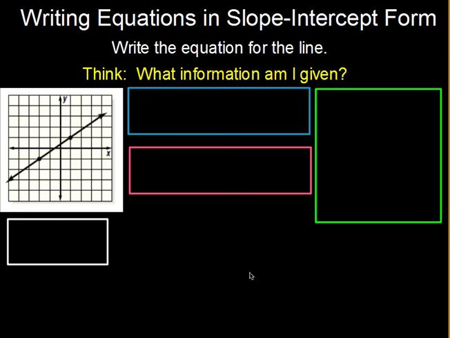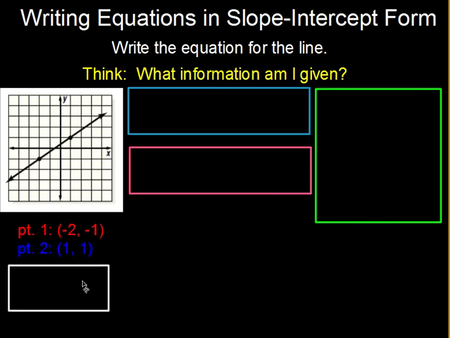Alright, now let's look at this graph. You'll notice that we have 2 points here on the graph, and we could use those 2 points to help us find the slope. In a way, we can find the equation for this graph two ways. We could either look at it as having a point and the slope, or we could say that we have 2 points.